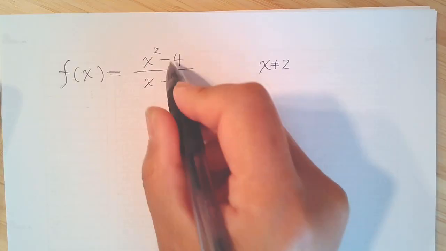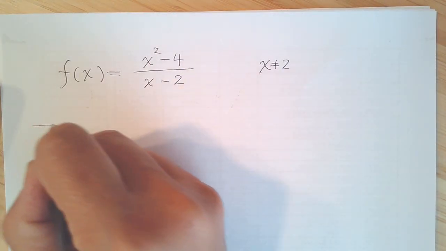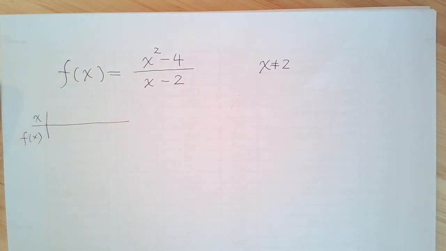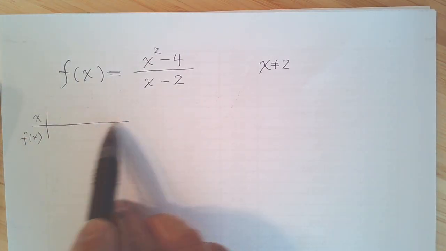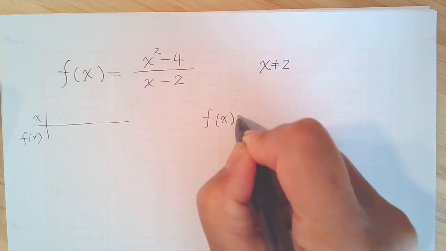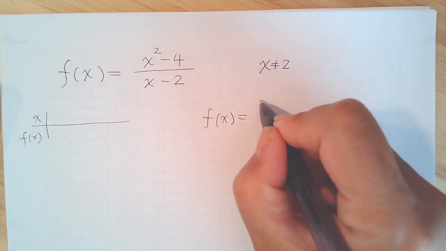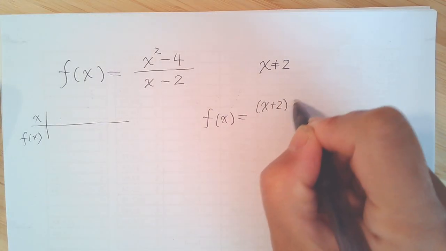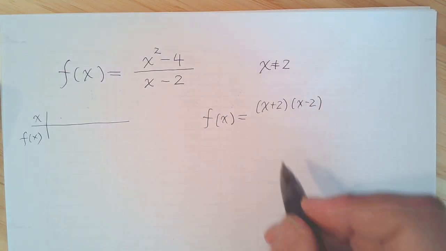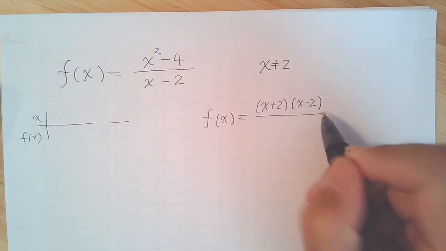Now if you graph that, you choose some x value and you get the f of x, and then you get a certain point and you graph it. Guess what? If you simplify this a little bit, because we know x squared minus 4 is x plus 2 times x minus 2. If you don't know how to do this factoring, you might want to review a little bit.